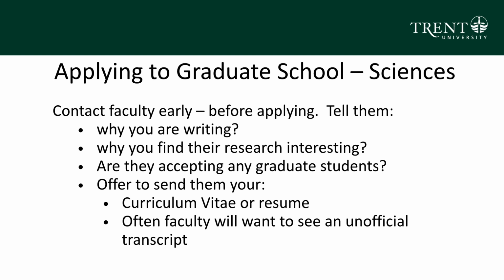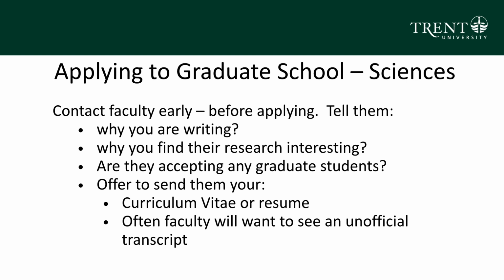It doesn't need to be an essay, but 3 or 4 sentences that show that you've taken a look and done a little bit of research on your own and thought about this, and you're not just blanket emailing the entire program to find a supervisor. Offer to send them a CV or resume and an official transcript so they can see what types of grades you have.